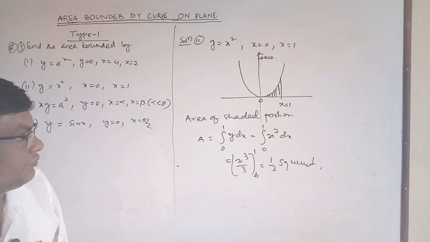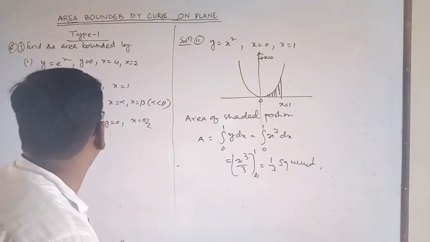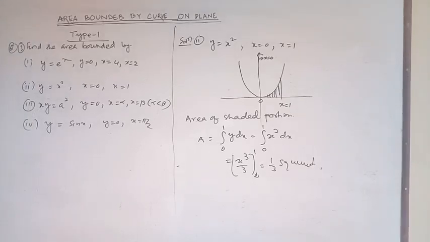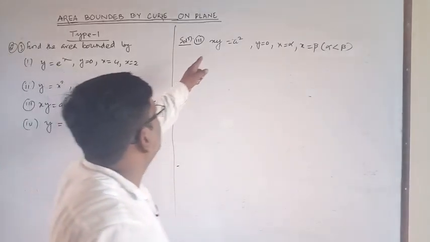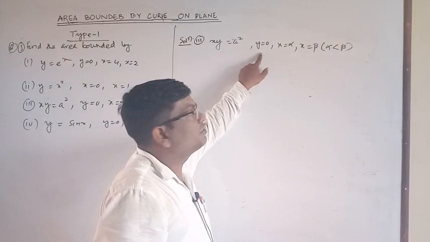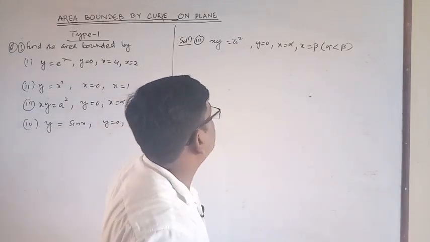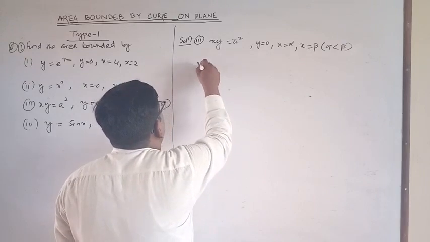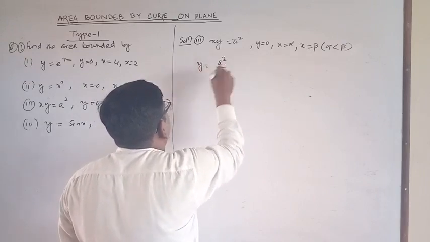Now question 3: xy is equal to a square, y equal to 0, x is equal to alpha, x equal to beta. So y is equal to where? y is a square by x.